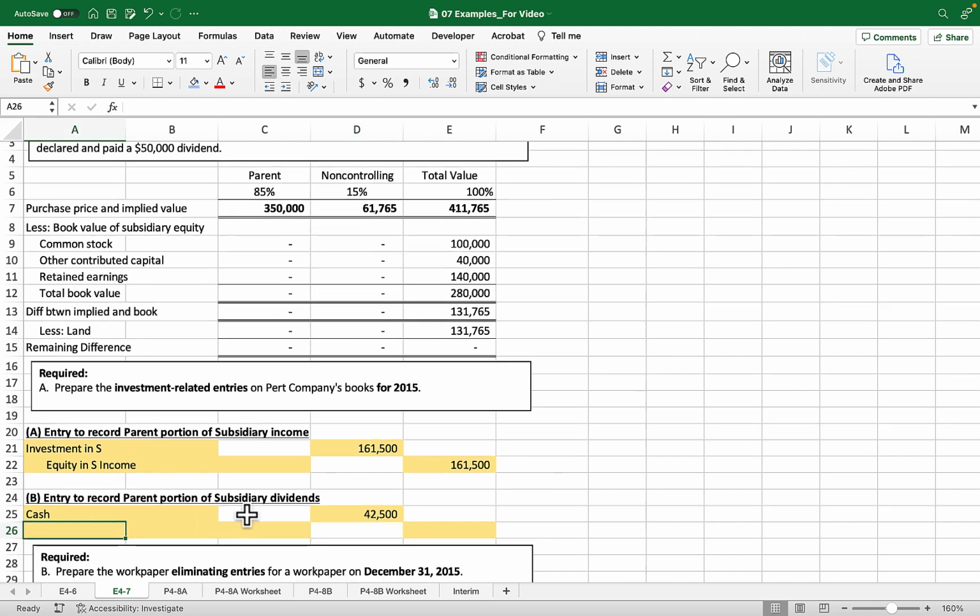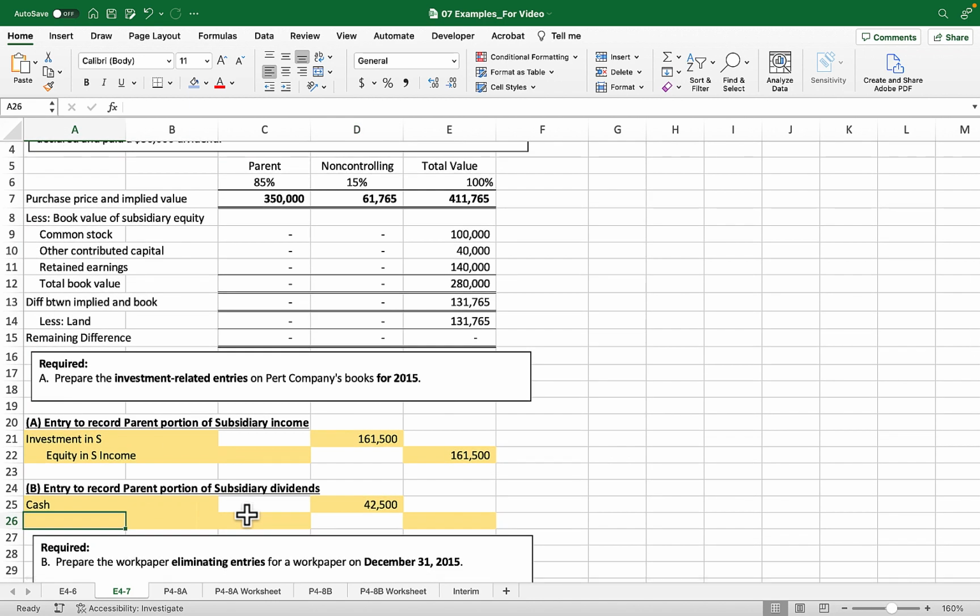Then because this is the equity method, we're going to record this as a decrease to our investment in S. We're acting as though it is a return of our investment. So we're going to credit investment in S for $42,500.